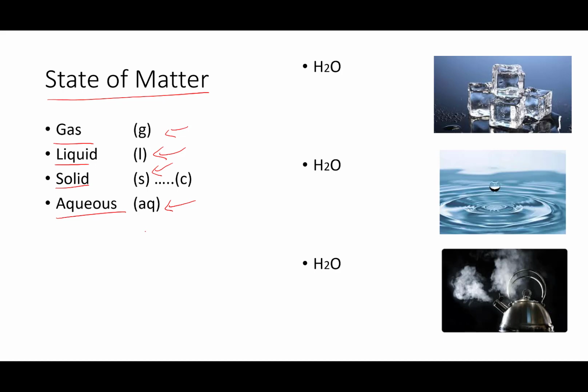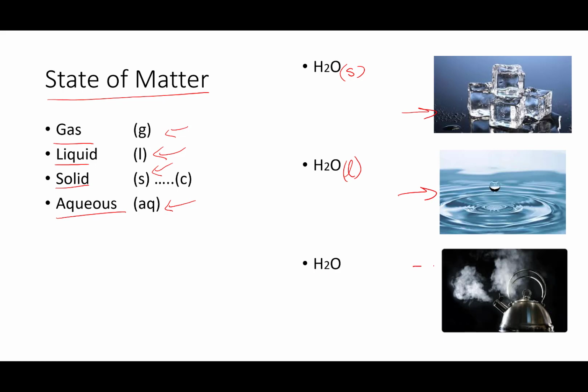So, for example, if I have ice here, some plain old water ice cubes, and I wanted to indicate that, I would say H2O(s). Nice lower subscript s written behind the H2O. If I wanted to indicate liquid water, I would go H2O(l), a subscript of a little l.